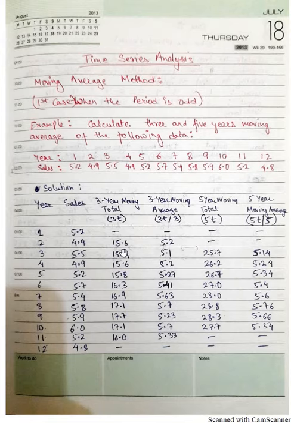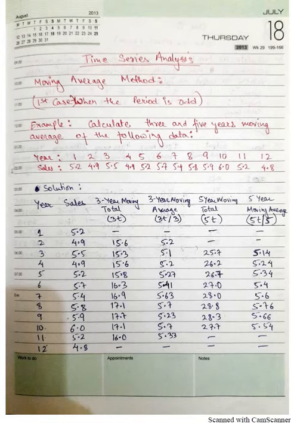We divide these numbers by 3. Since this is 3-year moving total, to find the 3-year moving average, we'll just divide it by 3. So 15.6 divided by 3 is 5.2. 15.3 divided by 3 is 5.1. 15.6 divided by 3 is 5.2, and so on and so forth. We get these numbers.